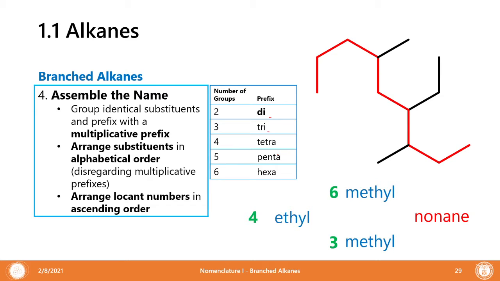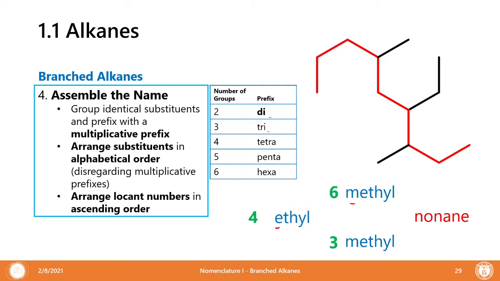Then we arrange the substituents in alphabetical order. So which comes first? E before M. Note we have to disregard multiplicative prefixes. So if we attach di here, dimethyl, we will not consider that in the alphabetization, but there are exceptions which will be discussed later.